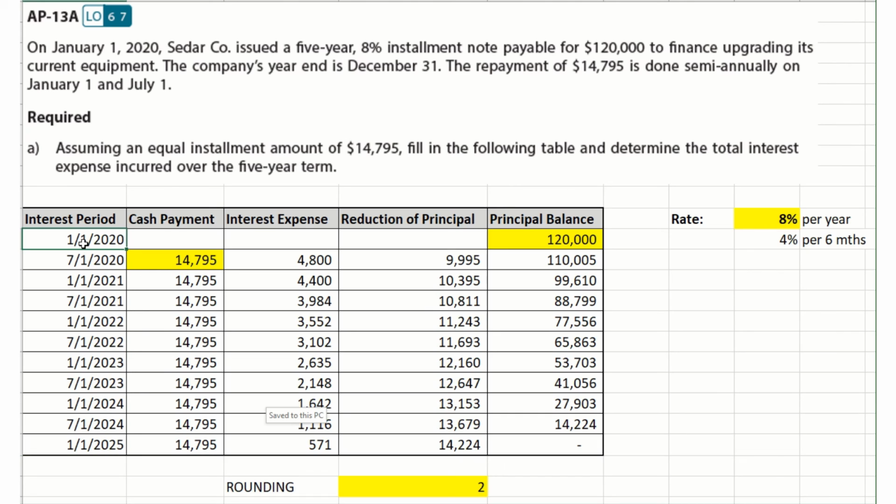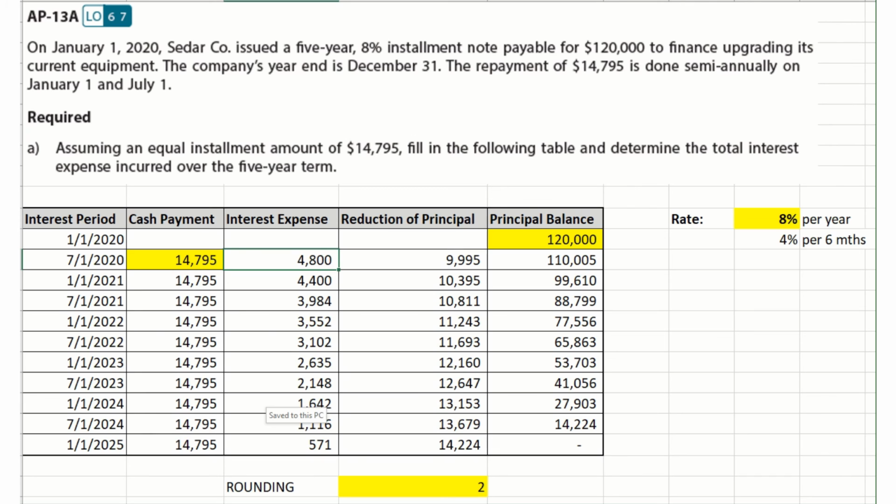Our opening balance on January 1st, 2020 will be the $120,000 note payable. Our payments, we're told, are $14,795 every cycle, so we can complete that column. And then to calculate our interest expense, we need to calculate 6 months' worth of interest on the principal balance prior to that payment.